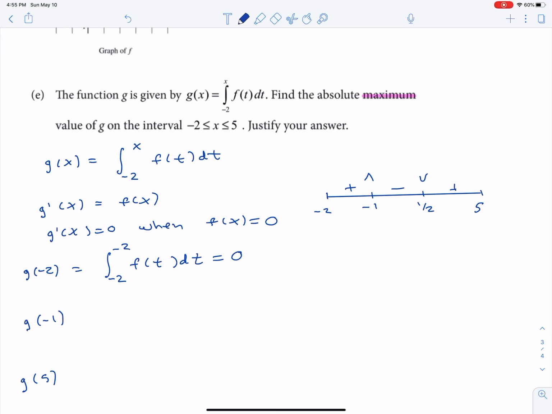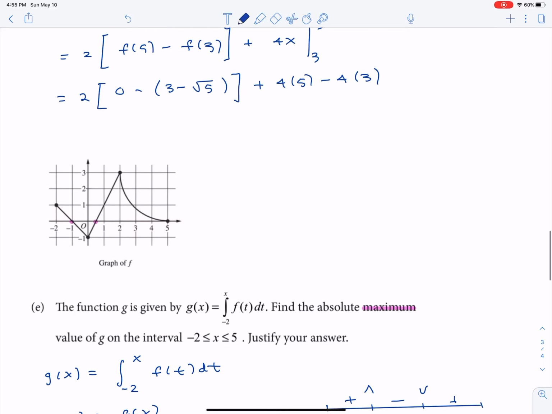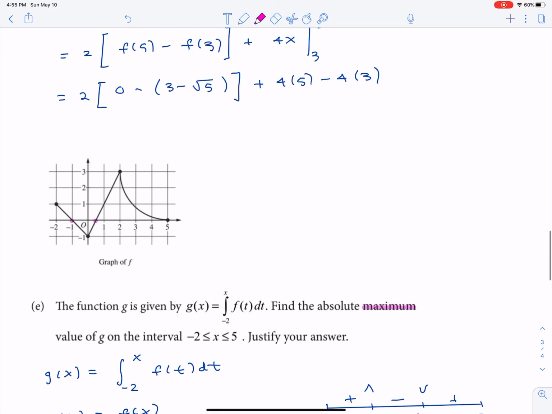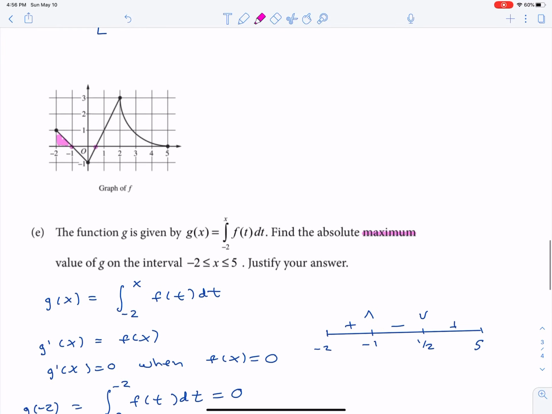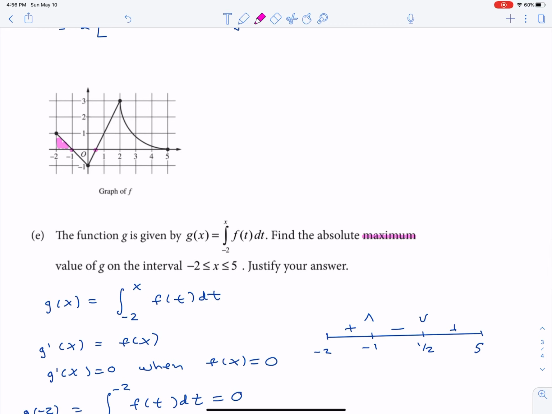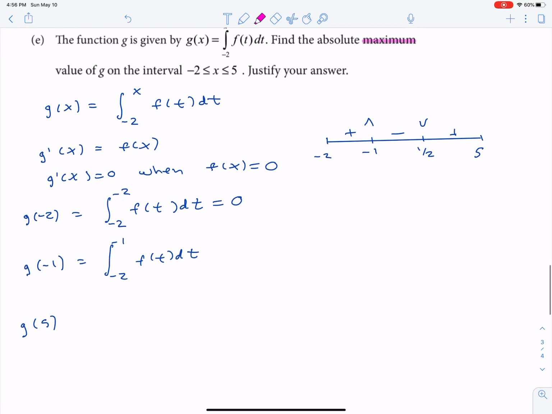Then let's go to -1. So this is going to be the definite integral from -2 to -1 of f of t dt. And looking at that, we are just looking at this little triangle right there, which is positive, but it's got a base of 1, a height of 1, so 1/2 times 1 times 1.